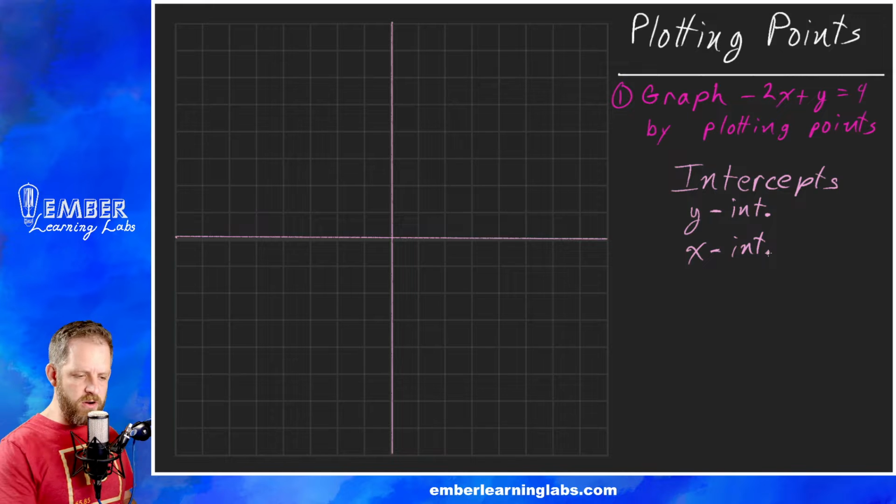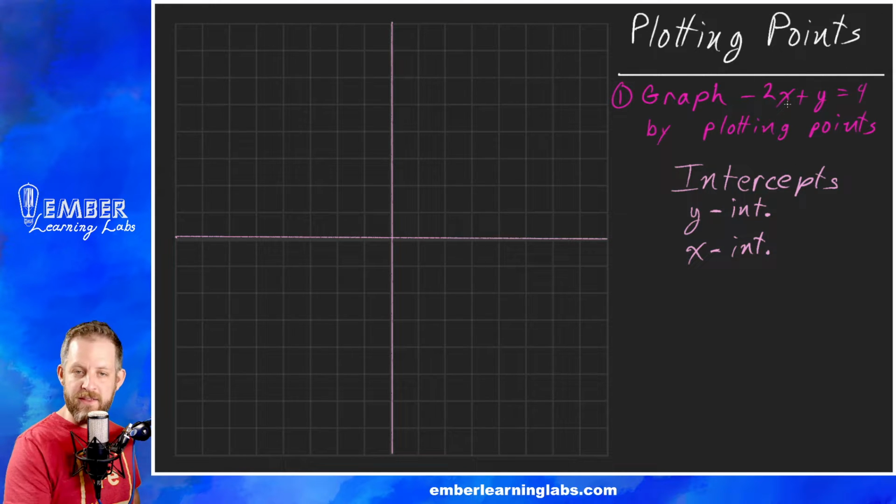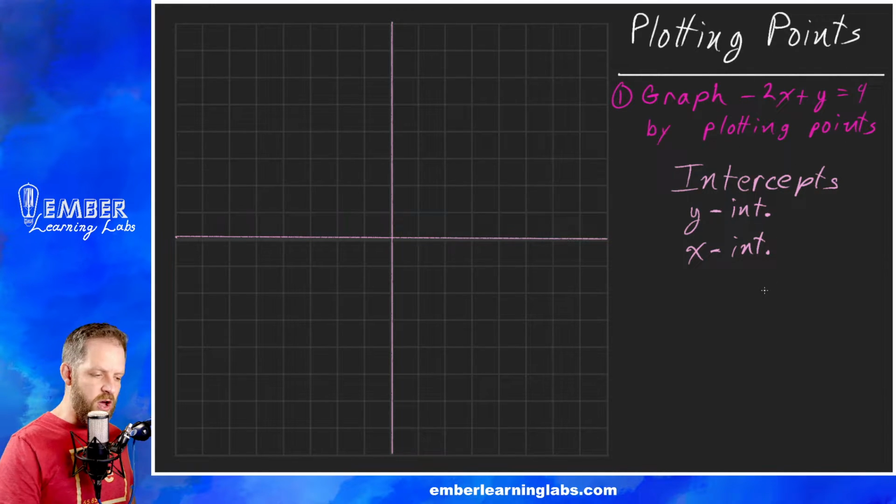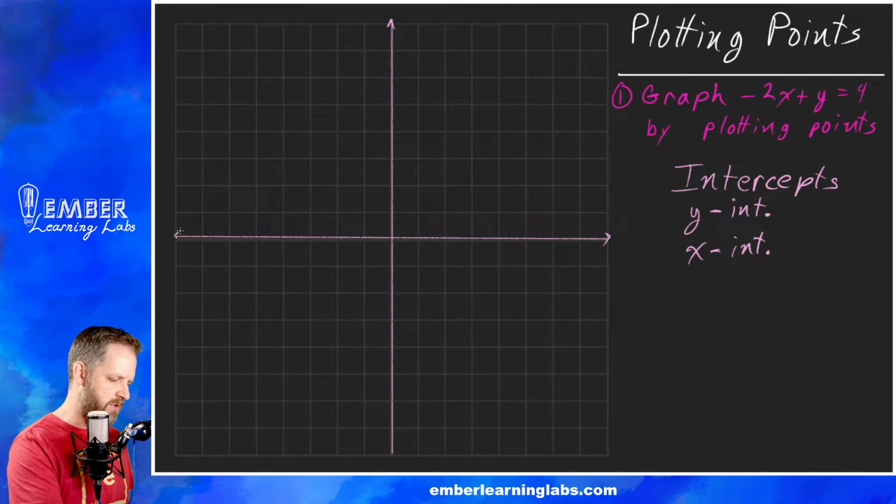Now, in order to figure out where they are in the function we're going to be graphing, we need to think about what x and y are equal to at those intercepts.